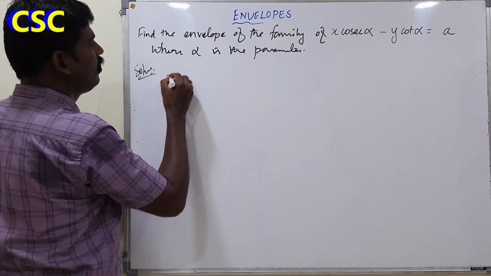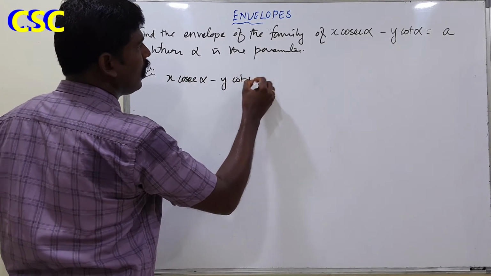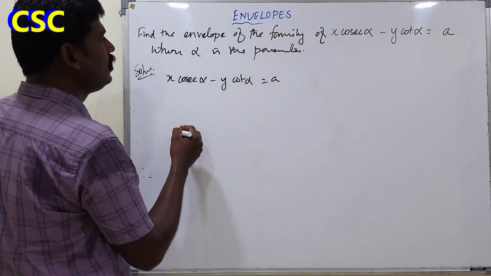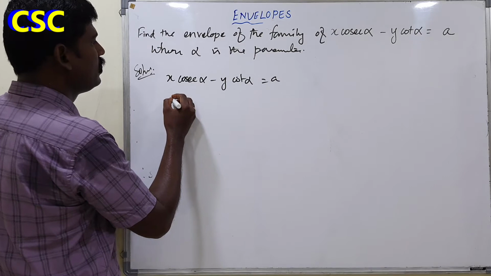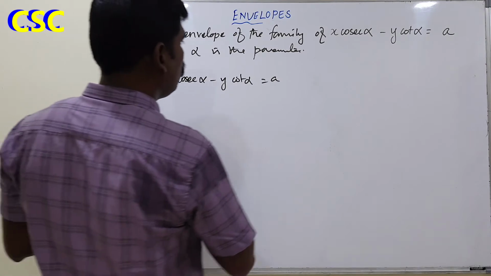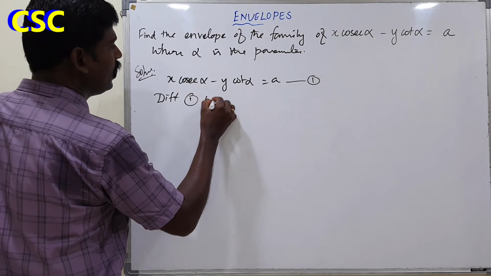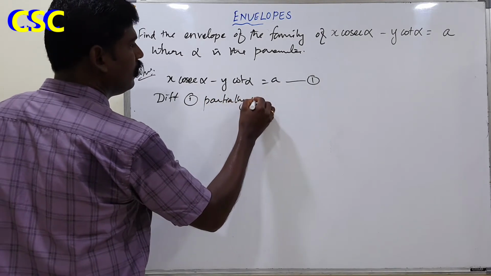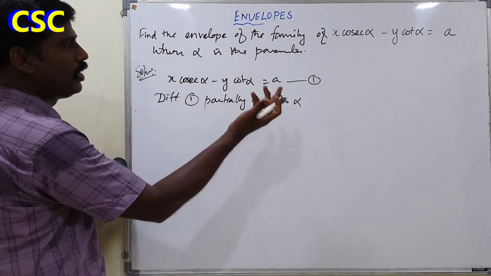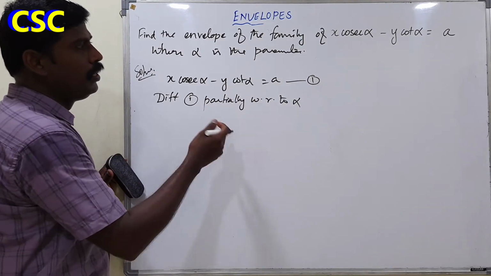Solution. What is given? X cosecant alpha minus y into cot alpha equal to a. We can't make this equation into a quadratic equation form, so I am going to differentiate it partially with respect to alpha, by method 2.